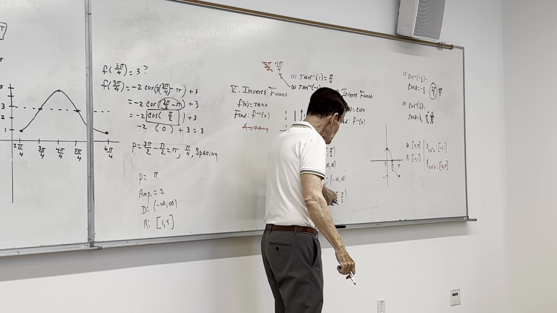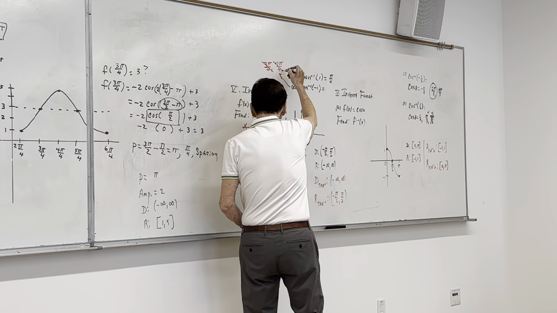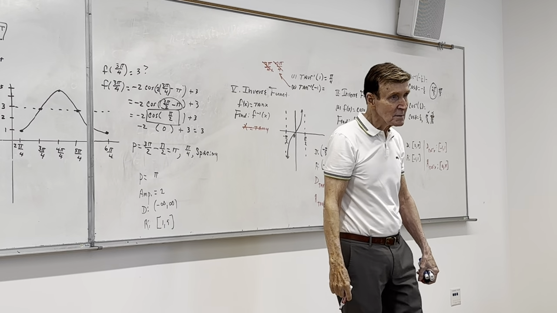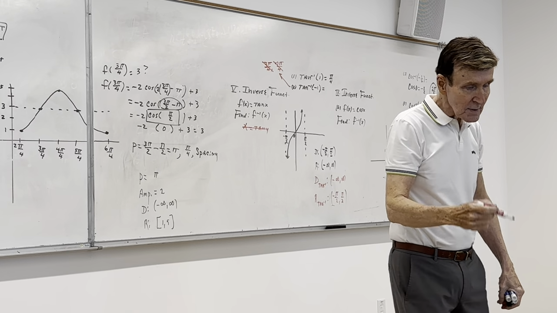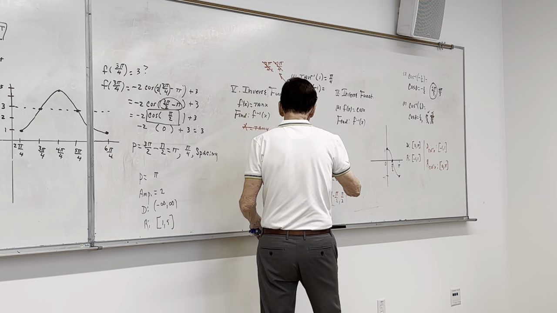Does 315 fall between negative 90 and positive 90? No. Therefore, he's saying, Professor, there's no answer. There's an answer. Alex, what do you think it is? Negative pi over 4.